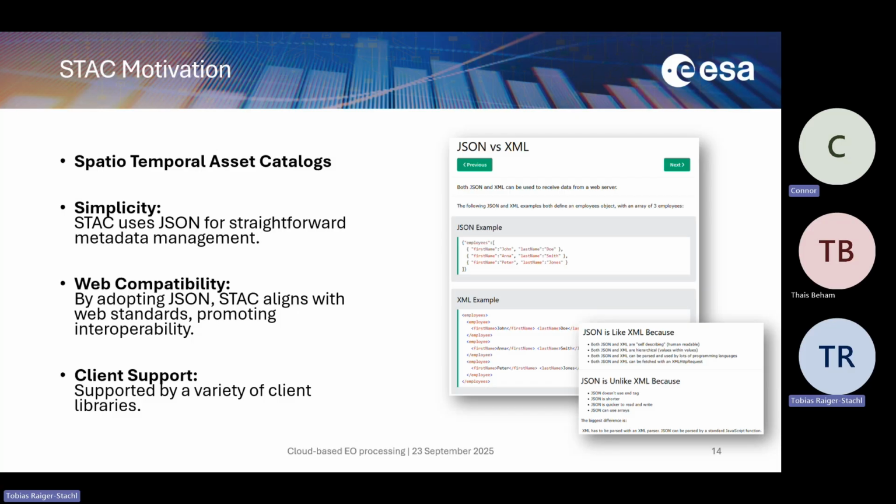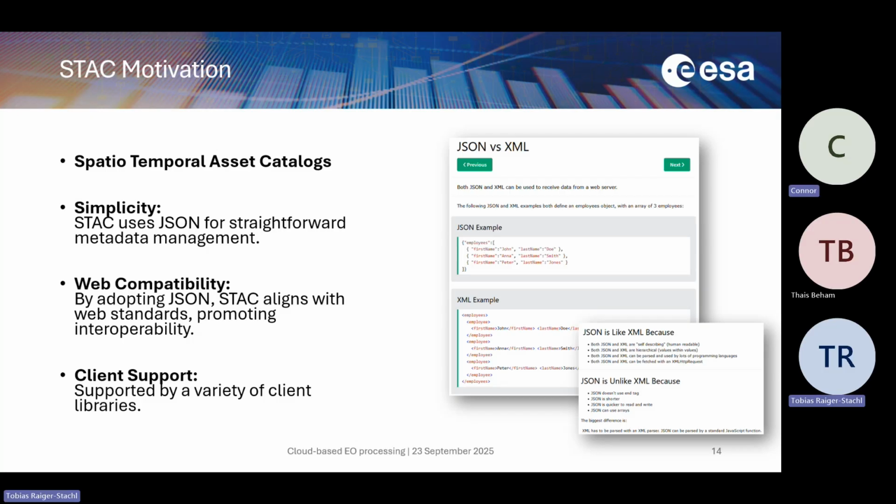Again, STAC is Spatio-Temporal Asset Catalogs, and it is basically a network of JSON objects. JSON objects are very easy to use. It is widely used in the whole community to represent data, or metadata, so to say.